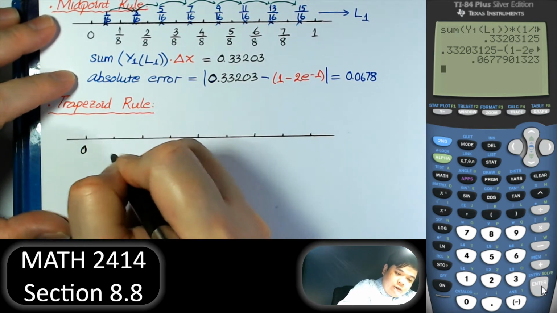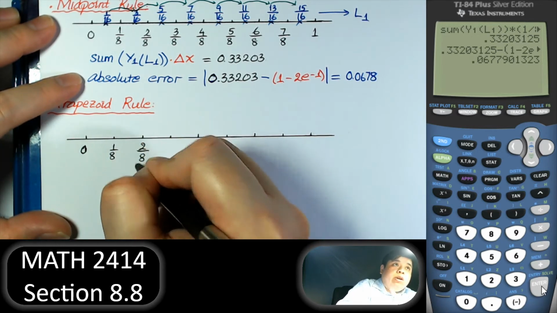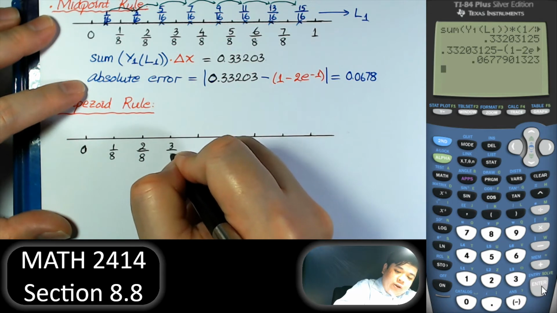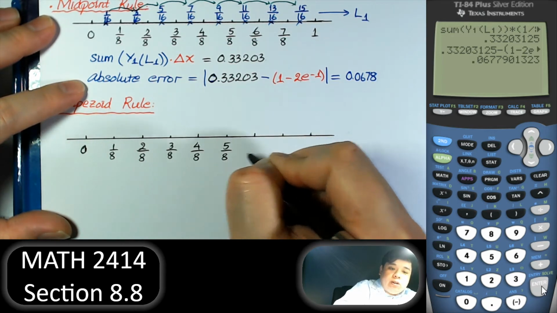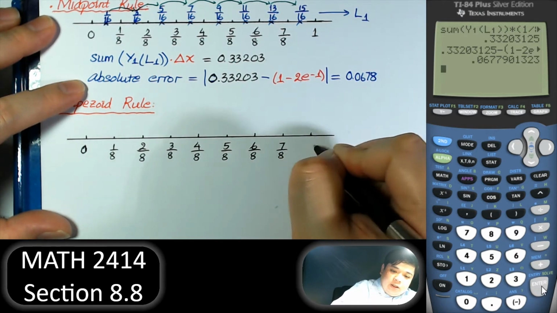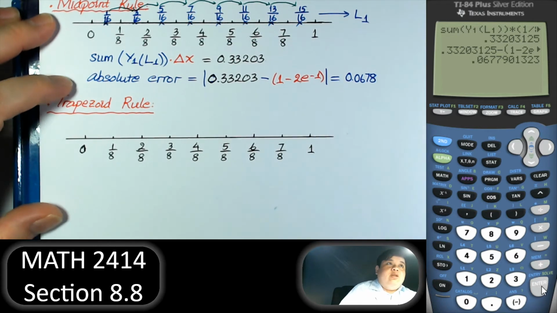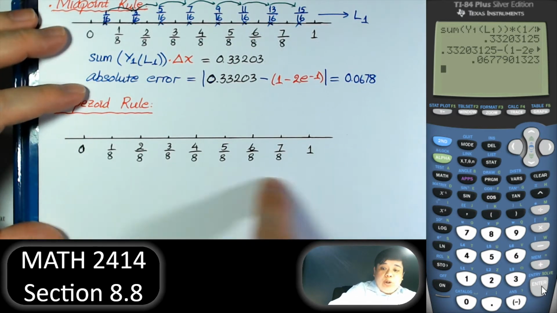And going from 0, 1/8, 2/8, 3/8, 4/8, 5, 6, 7, 8/8 is 1. Right. So in the trapezoid rule, we're going to use these endpoints.